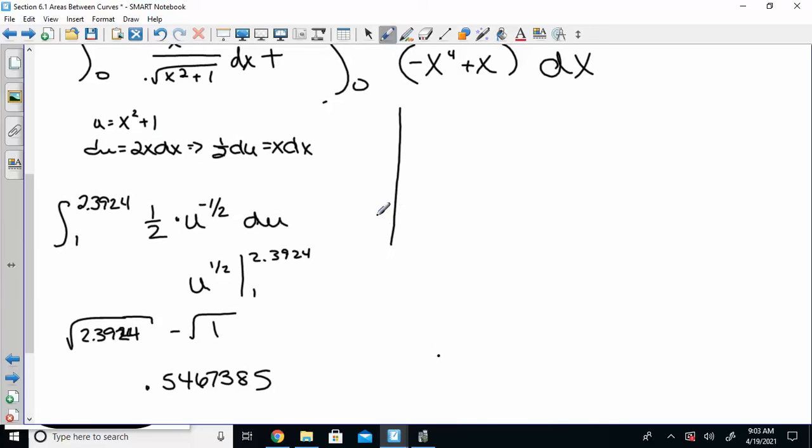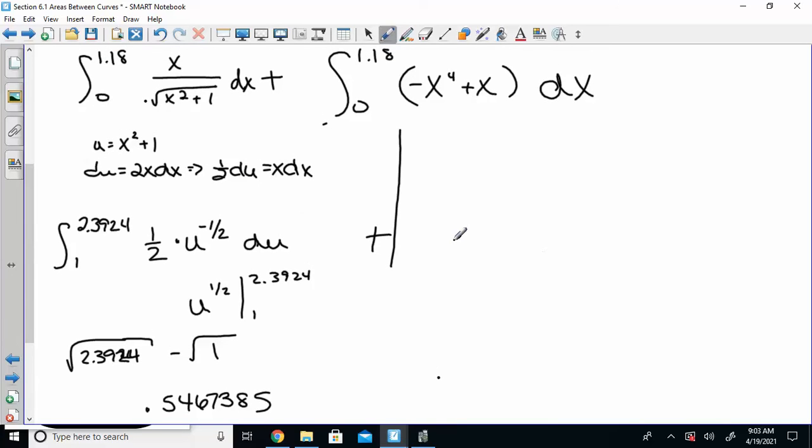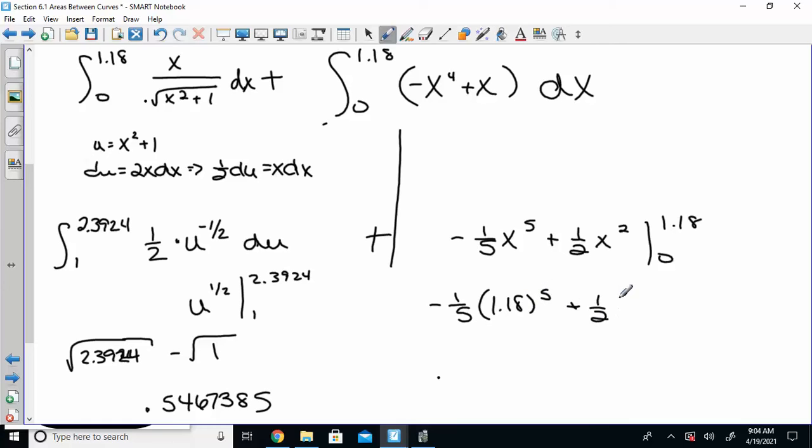So we are doing this plus, now let's integrate that one. So the antiderivative of negative x to the fourth would be negative 1/5 x to the fifth. Antiderivative of x would be a 1/2 x squared. If I put in a 0, both of those are 0.